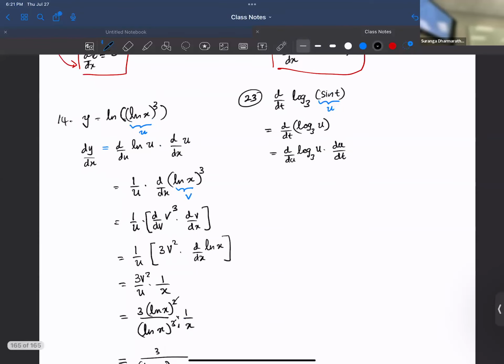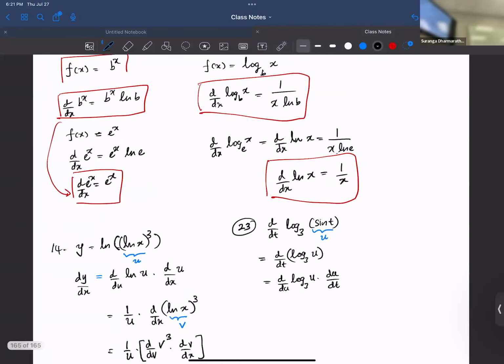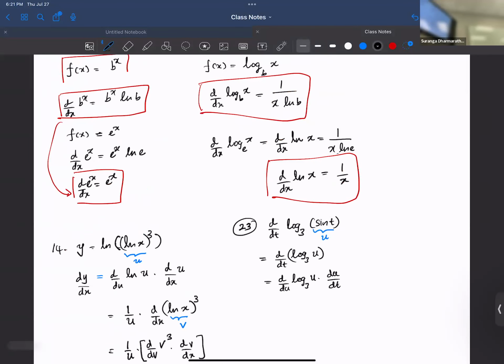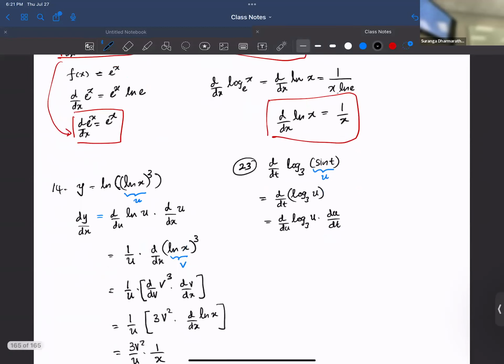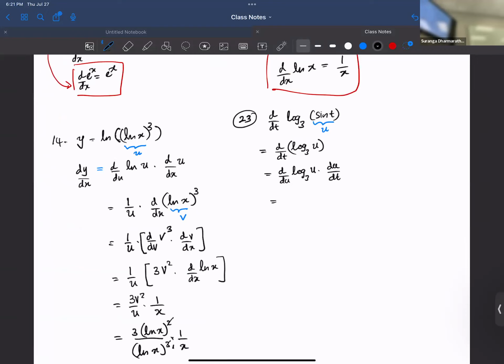So from the equation that we learned, d over dx log base b of x is equal to 1 over x ln b. So in this case, it's 1 over u ln 3, times d over dt sin t. So what is d over dt sin t?